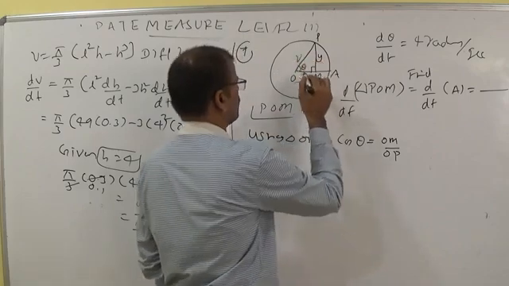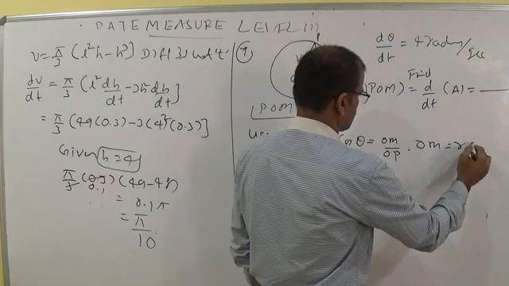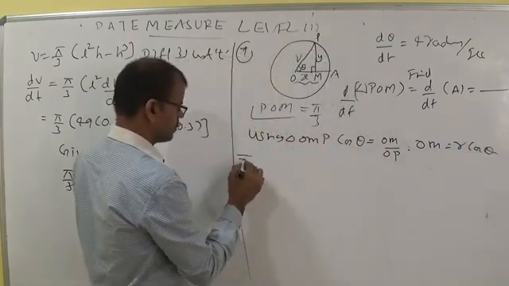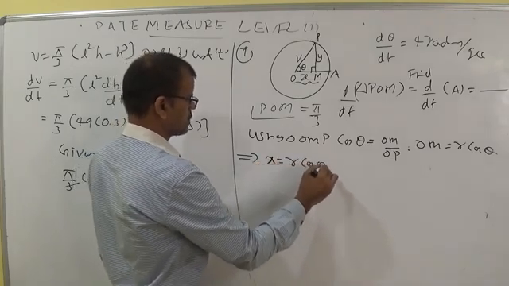Hypotenuse means here the radius. So OM is equal to R cos theta. OM means x, so x is equal to R cos theta.